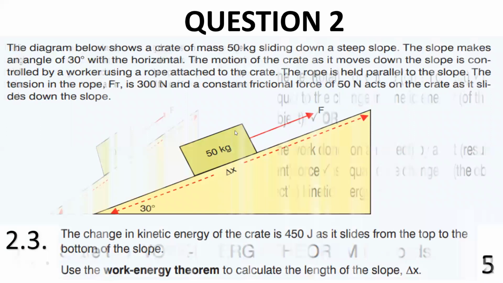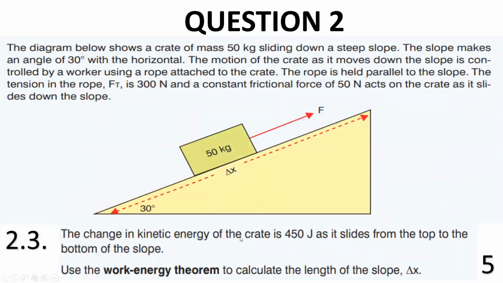Next question 2.3. The change in kinetic energy of the crate is 250 joules. Okay, now we know the change in kinetic energy. Do you remember what we said, work net equals what? Work net is equal to delta EK. Now you know this, it means you know the work net, the total work.